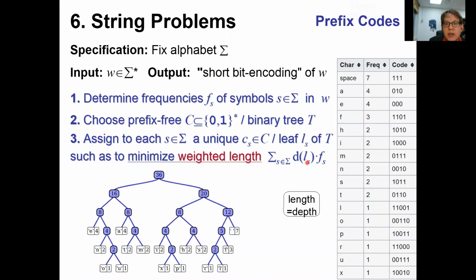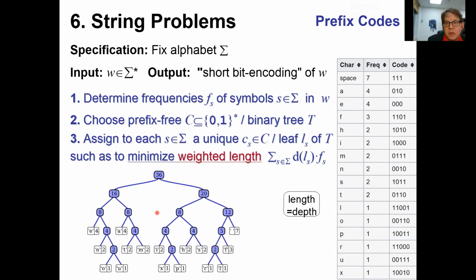And to illustrate, to continue our example of the initial string with these frequencies, this gives rise, for example, to this prefix-free code, to this complete binary tree. There are also other prefix-free codes that achieve the same minimum weighted length, that achieve the same compression.